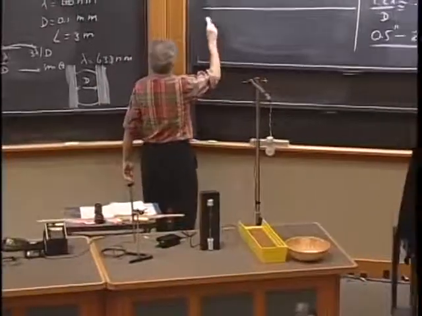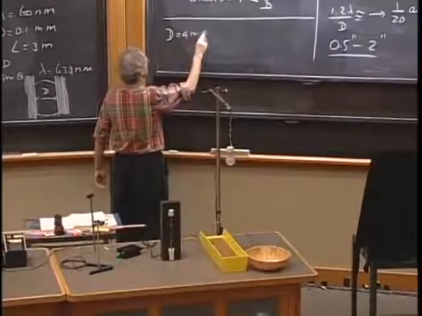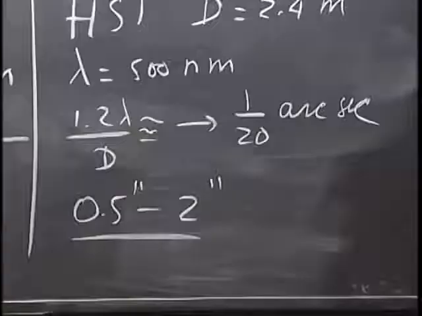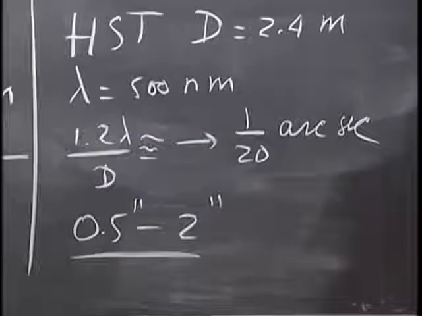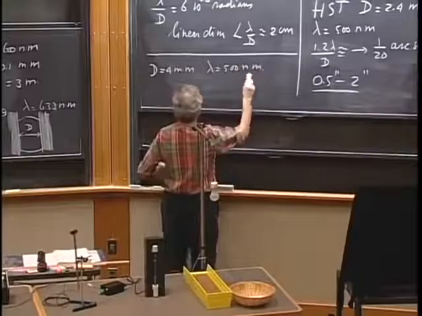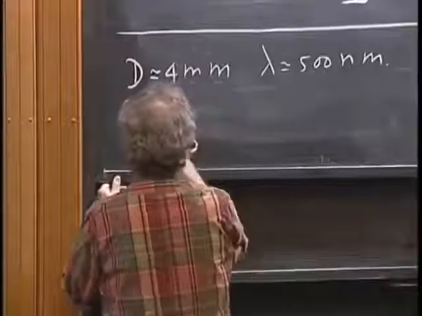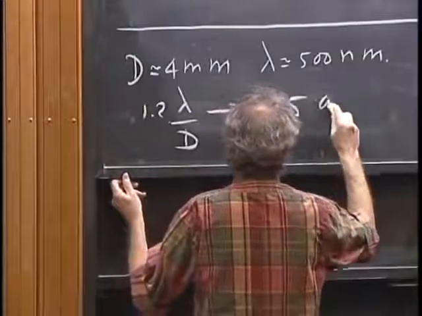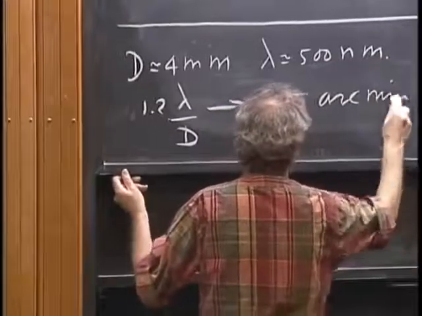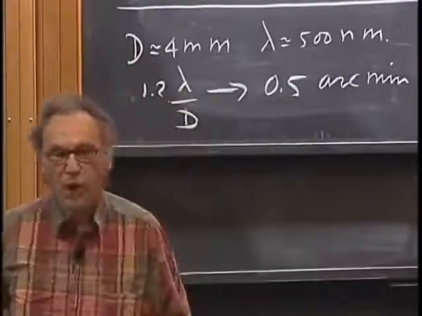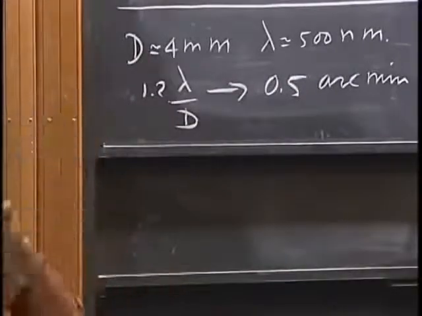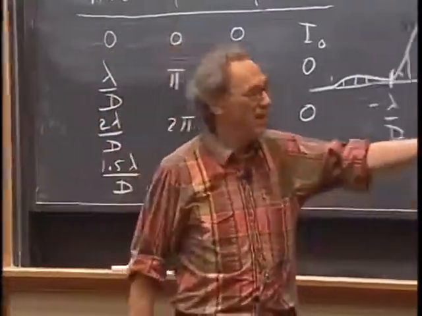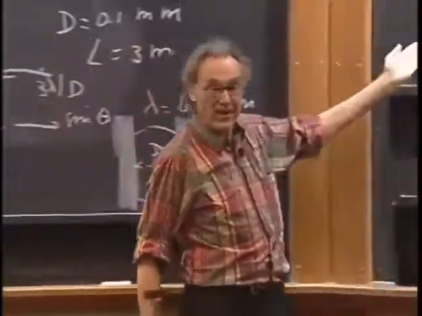If we take about 4 millimeters, a reasonable number, and we take again 500 nanometers as our representative wavelength, then we can calculate what 1.2 times lambda over d is, and that translates to about half an arc minute. That is 30 arc seconds. That is 600 times worse than Hubble Space Telescope. You cannot do better than this. This is Mother Nature. You cannot beat diffraction.